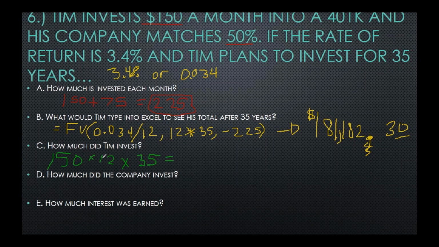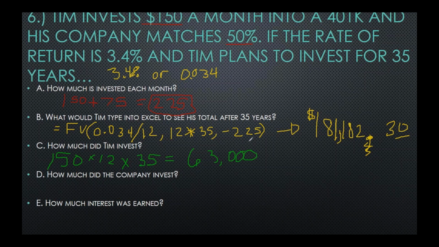So what would be 150 times 12 times 35? $63,000. Very good. Over the course of 35 years, Tim only invests $63,000.